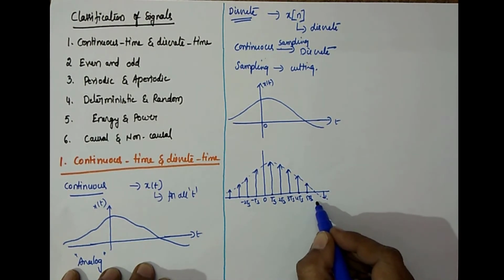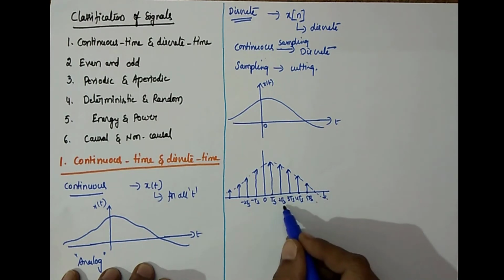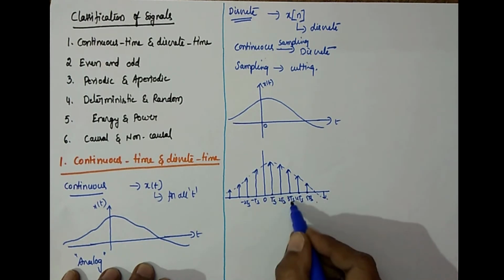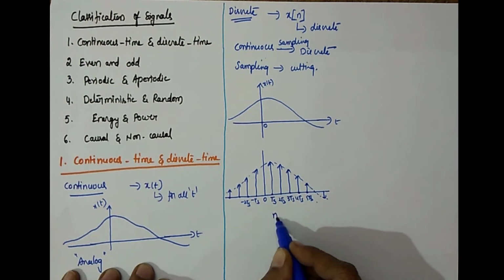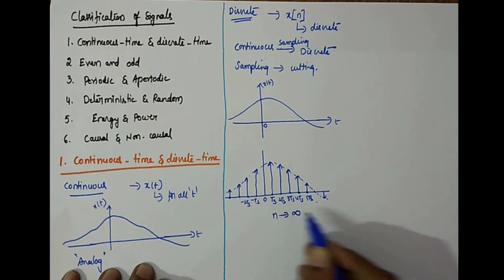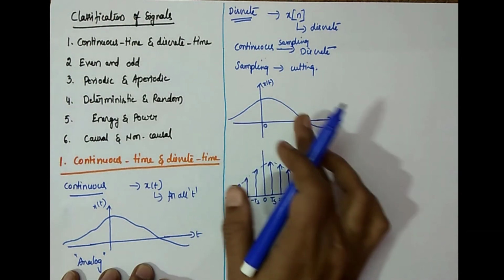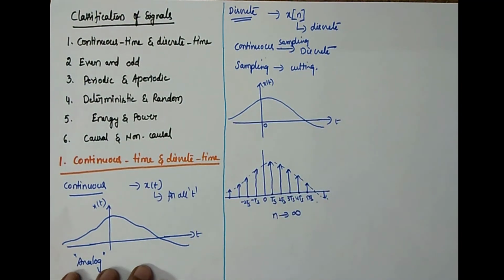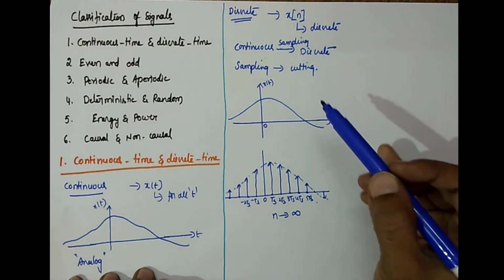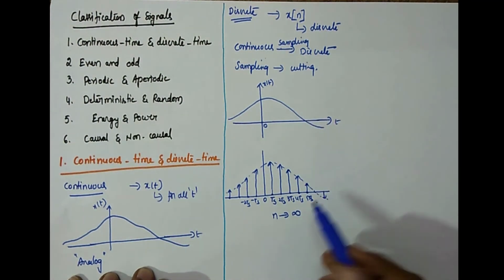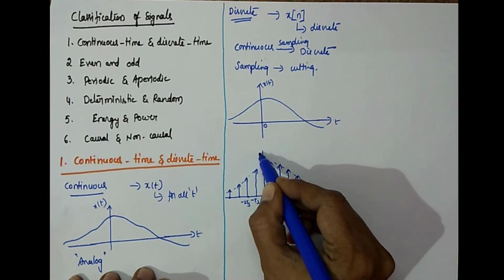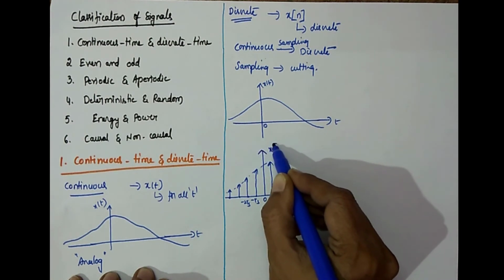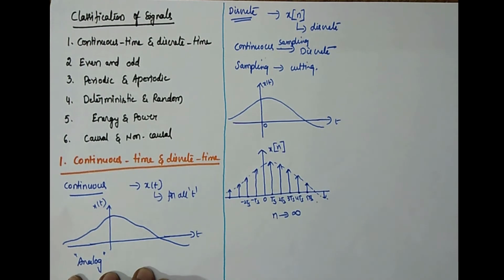This value, this TS is common, but the varying thing is this integer value. This integer value is represented by n and it tends to infinite because it's a continuous signal. Then converting this continuous signal like this is called sampling, and now this signal is represented by x of n.